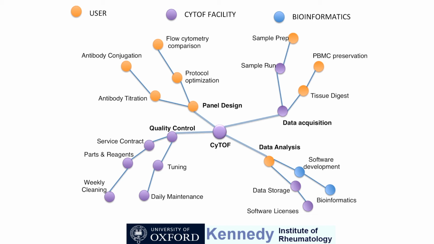It's important to verify that your PBMCs and conserved cells that you already have stashed are preserved in a way that allows enough cells to be run through the CyTOF and enough cells to detect the subsets that you want to detect. And of course, we spoke about the tissue digest that you use for tissue analysis, and how it's quite important to have it tailored to this technology.